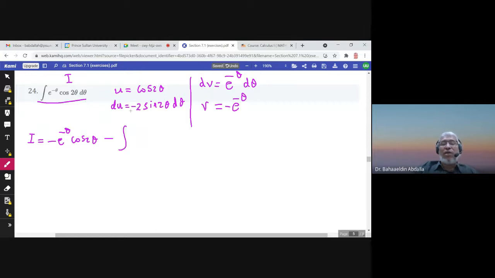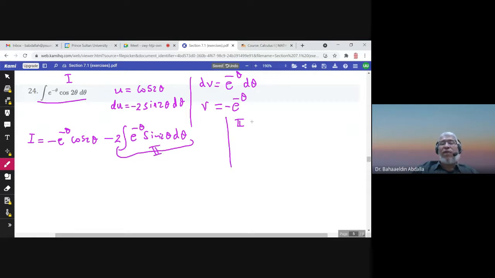Minus times minus is plus, and there is a 2, so I write it outside. And there is e to the power negative theta times sine 2 theta d theta. All right. And let me evaluate this integral. Let me call it double I and evaluate it here.